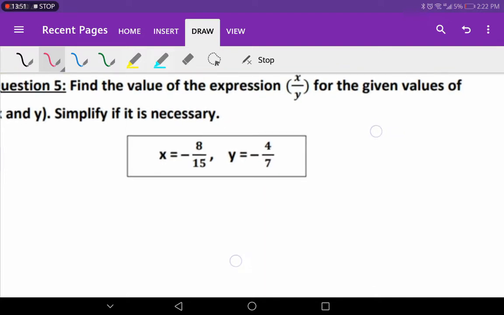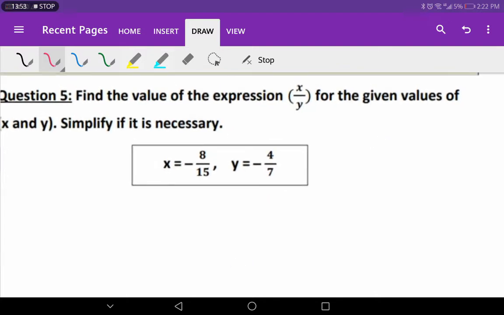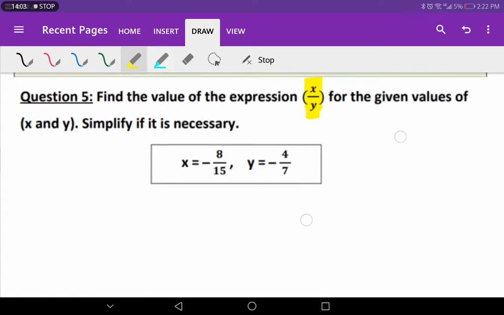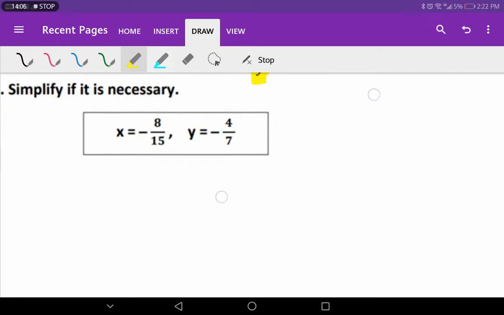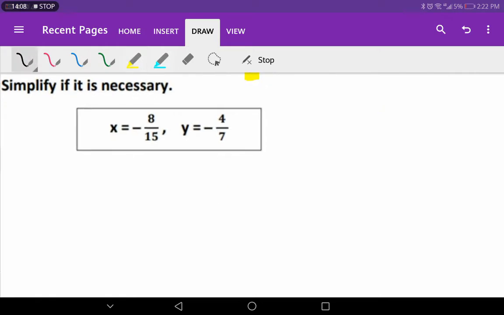Now this is a very important question. Here, my dear students, find the value of the expression x over y. We solve like this one. For the given values of x and y, simplify if it is necessary. Okay, he asked me to find x over y.